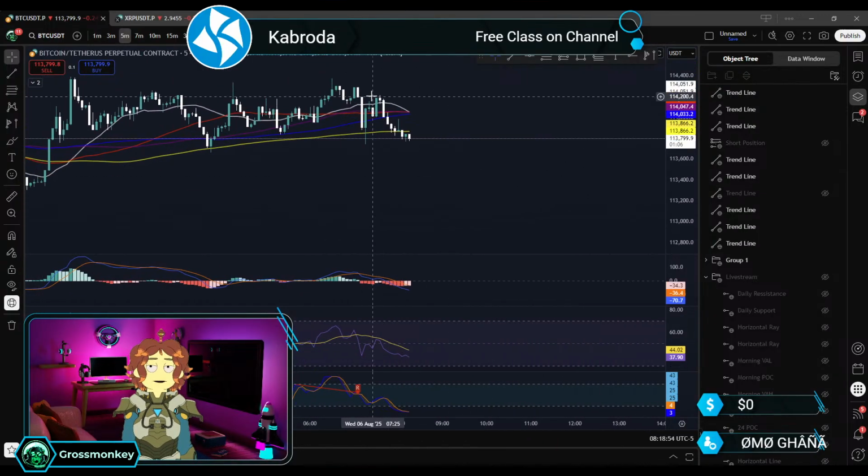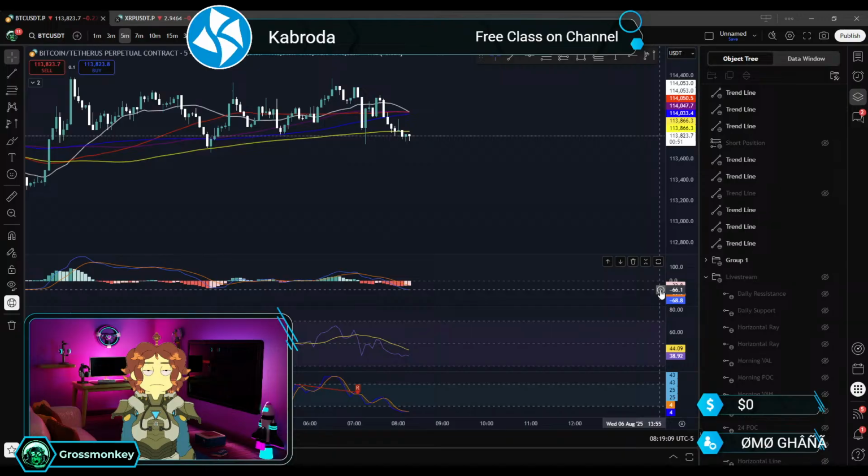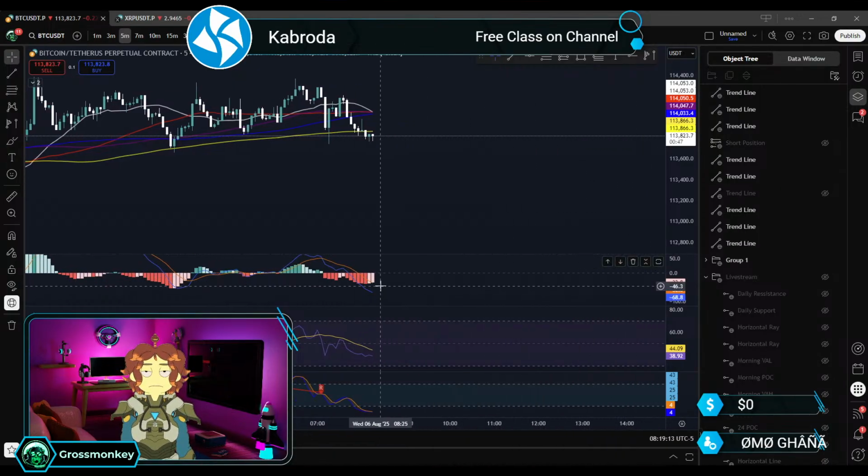But for now, we got the breakdown below the 21, breakdown below the 200, so we're actually crawling down. The 21 is starting to cross all of the other moving averages and starting to show us that we are going to get a nice curl over down. MACD is actually telling us we're about to slow down on the drop here.